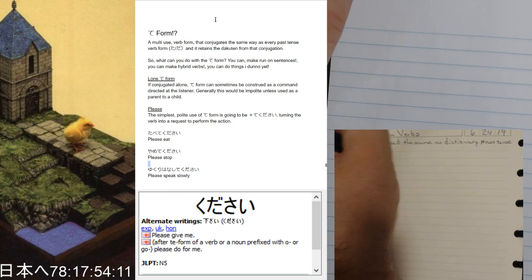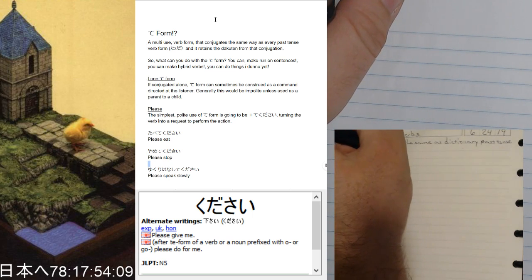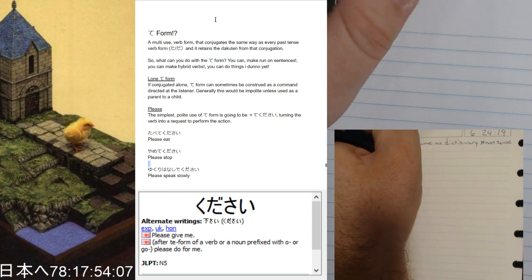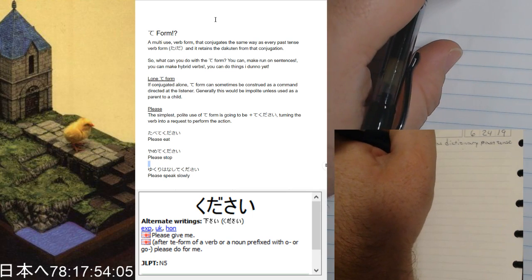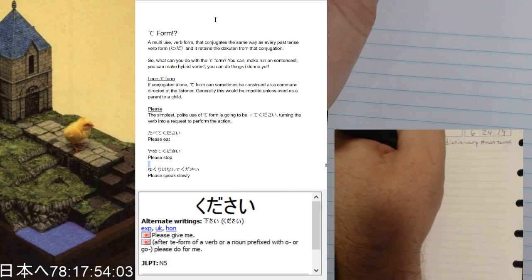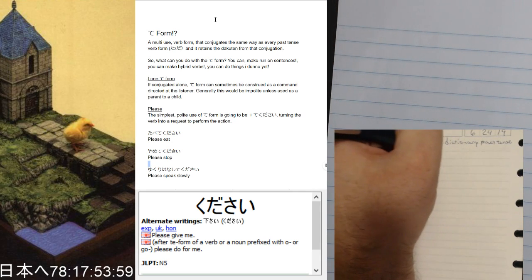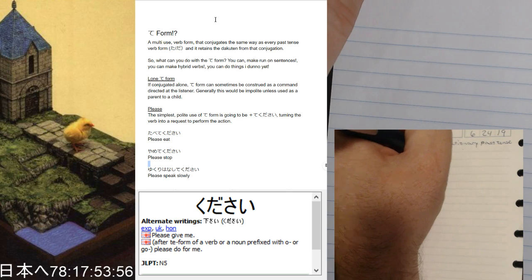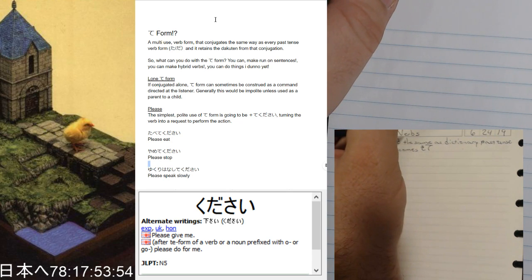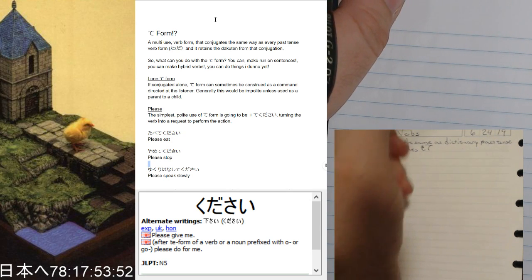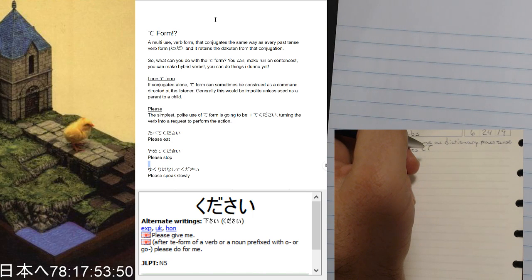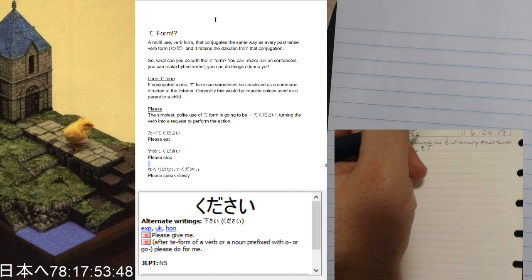And then it's just the different ways that you use te. The reason it's called the te form, and there is probably an actual technical name for it, but in all the ways that people teach it, it's generally just called the te form because it's so multifunctional. It's multi-use, so most people just call it the te form.